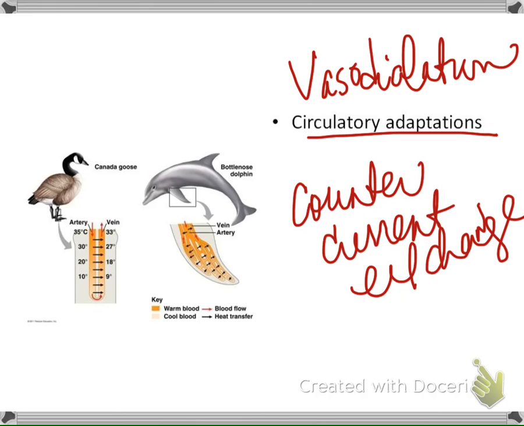So between the artery here, going away from the heart, and the vein going towards, you're passing heat. And this happens in birds' legs, so that if they're standing in cold water, they're not losing all their heat to the water. And then the same thing is happening here, in the dolphin's fins.